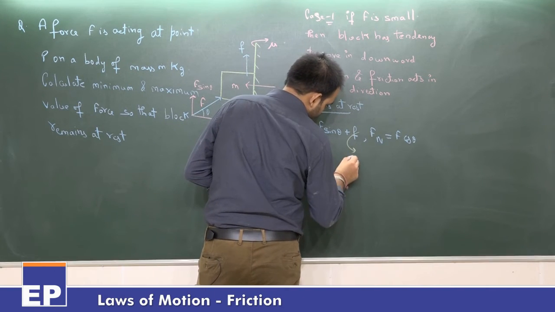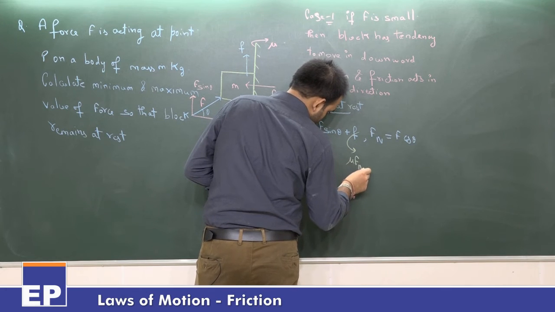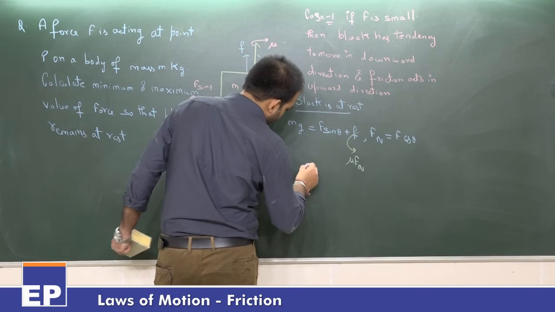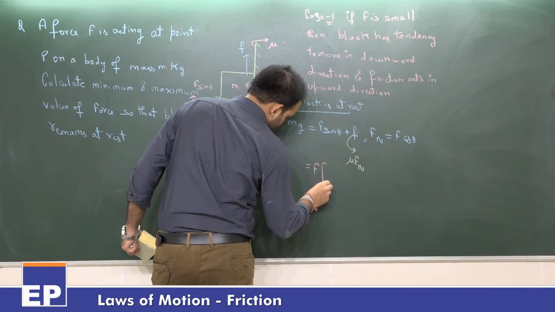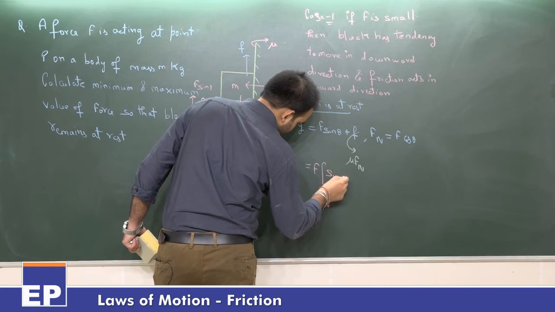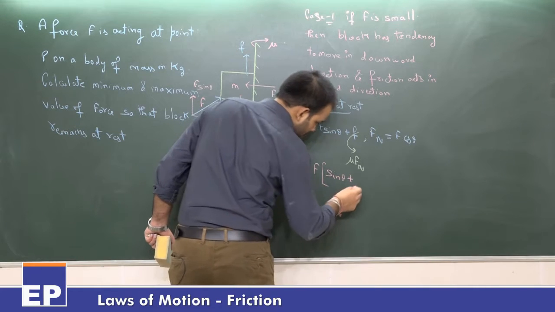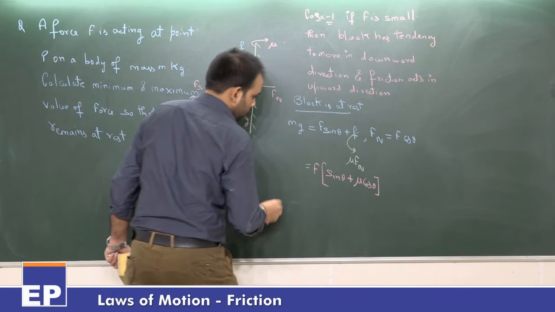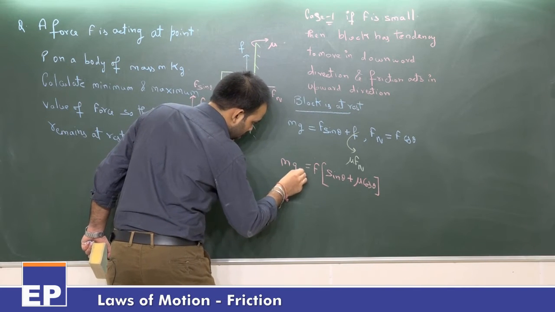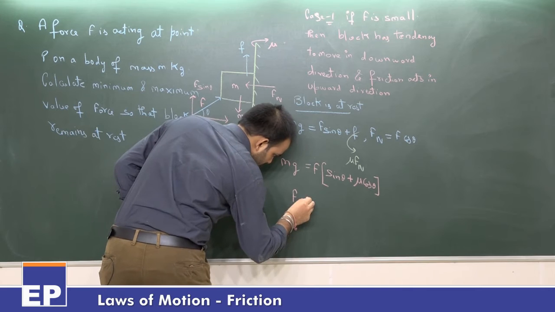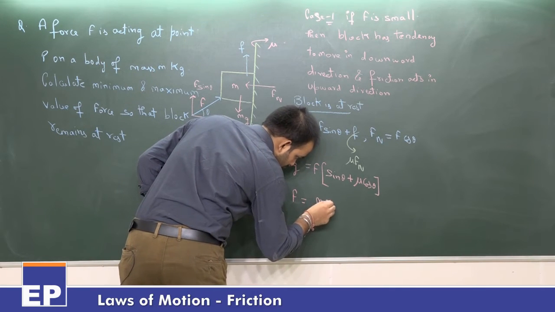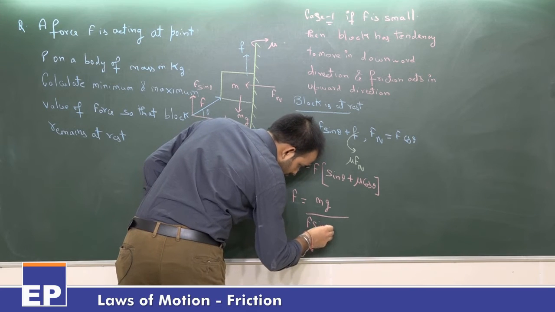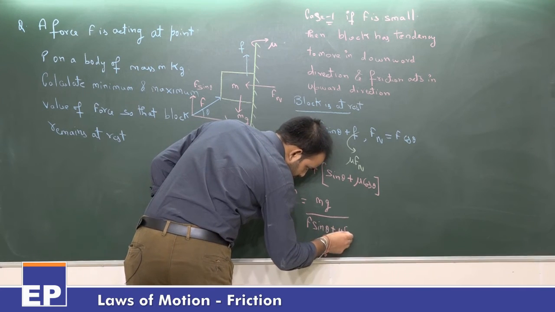Friction is mu into Fn, and Fn is F cos theta. So if we take F to be common, it will become sin theta plus mu cos theta. This is mg. So what is the value of F? mg by sin theta plus mu cos theta.